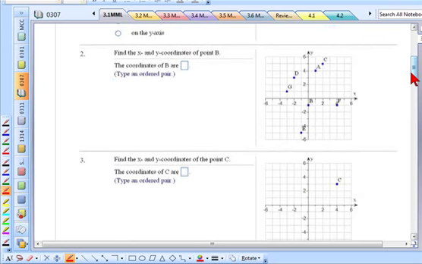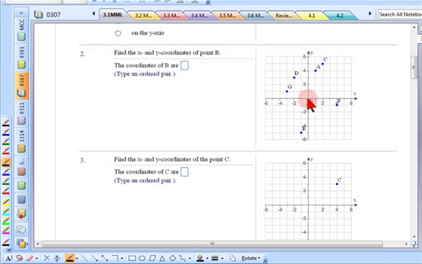Now in number 2, it says find the x and y coordinates of point B. They gave us a lot of points to look at. Those of you in class, I'm going to enlarge that a little bit. Do you see point B right down here? It wants me to give the coordinates of that point. Now you're on an axis, so be careful.